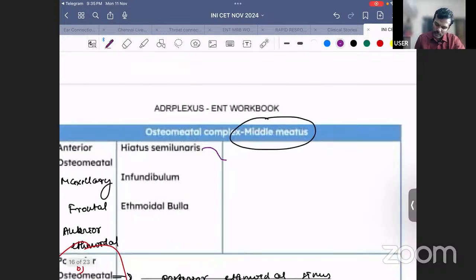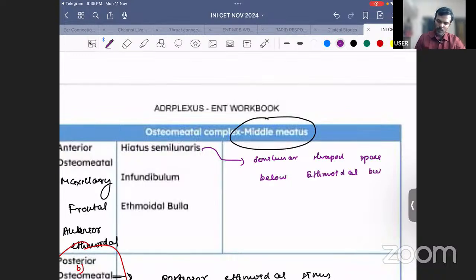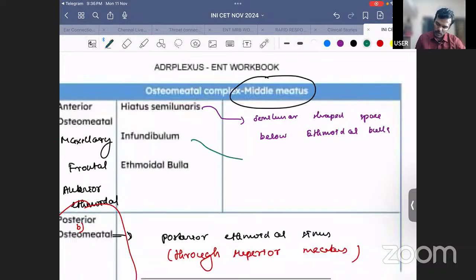Hiatus semilunaris is a semilunar shaped space below the ethmoidal bulla. Okay, so infundibulum is present between the uncinate process and the lateral wall of the nasal cavity.